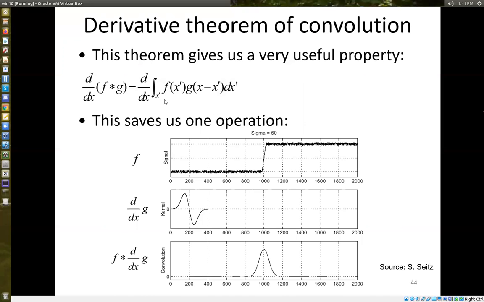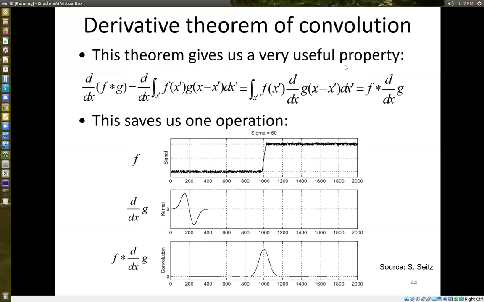This is essentially just a dot product, but I flip the filter first. If I don't flip it, I will have x plus x prime here. Then you see that I'm taking the derivative along x, but here the integral is over x prime. So I can have the derivative go inside, and f of x prime does not depend on x, right? So I only take the derivative of this part here.